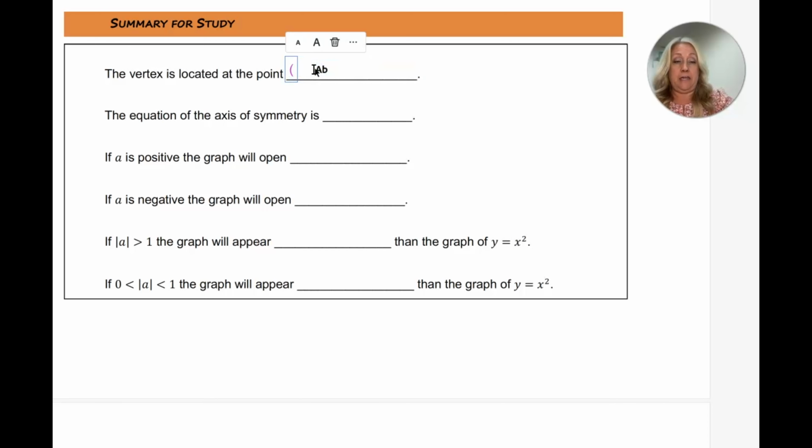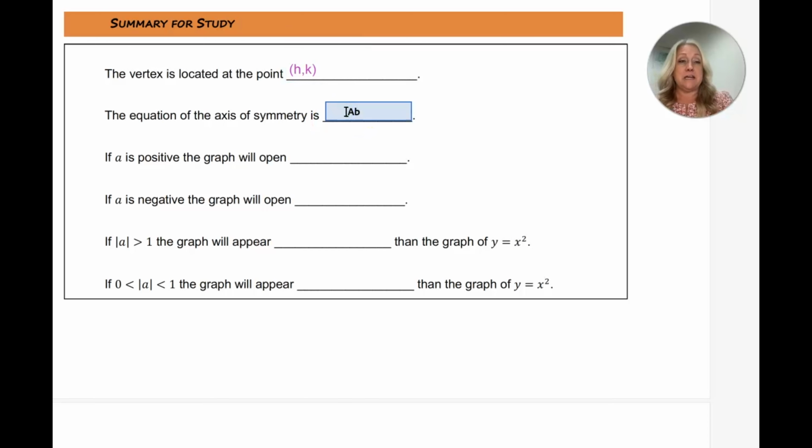Well, h was our x value that was moving it left or right, comma k is our y value that's moving it up or down. Right, so we're trying to figure out how far over and how far up or down that's going to be moving it.